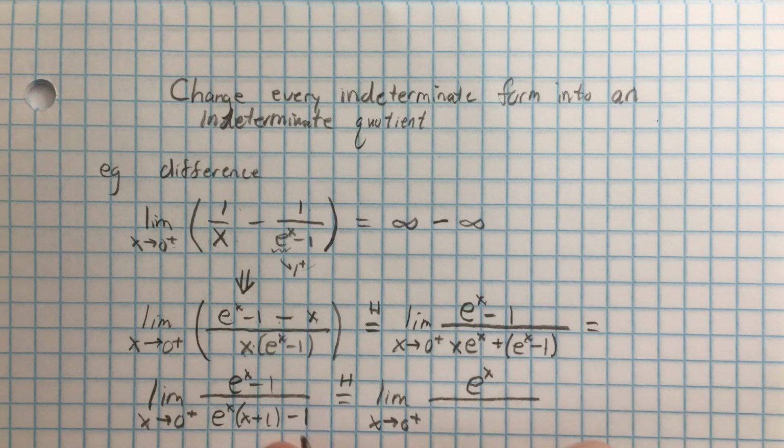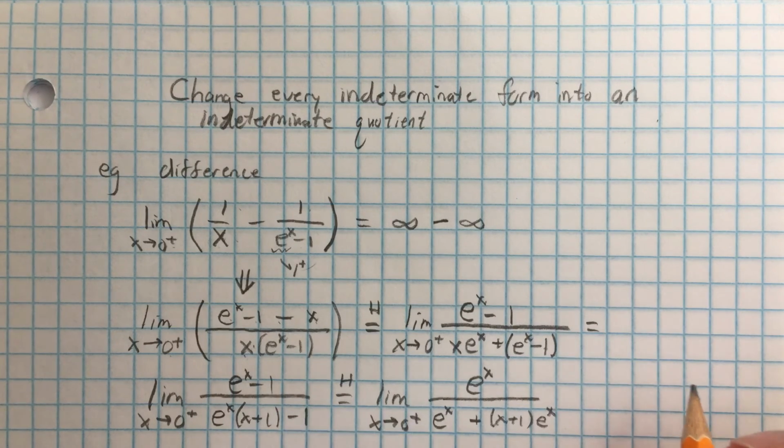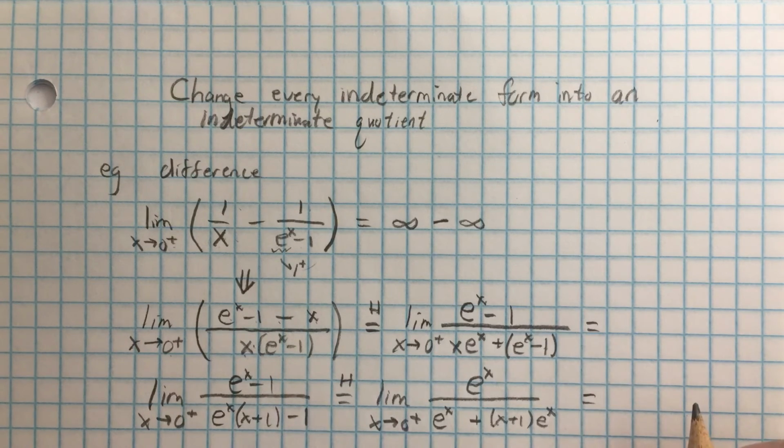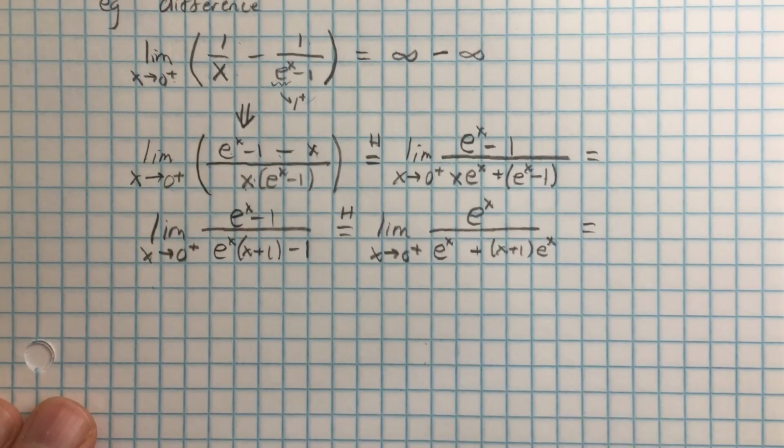Down below, the negative 1 is destroyed, and we have a product rule to apply again. So we'll have the first times the derivative of the second, which is just 1, I'm not going to write it, plus the second times the derivative of the first, which is e to the x back again, of course. Okay, so now we can see this is getting better. We will now factor off e to the x from the top and the bottom.